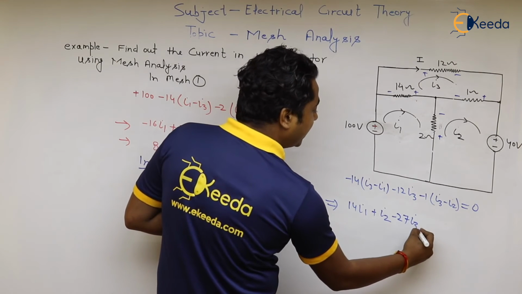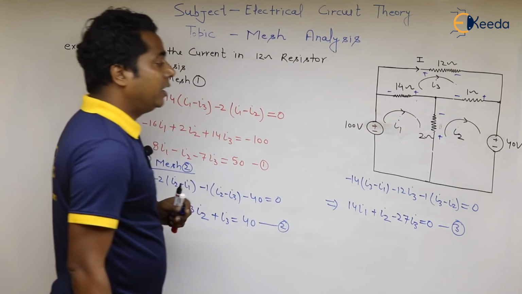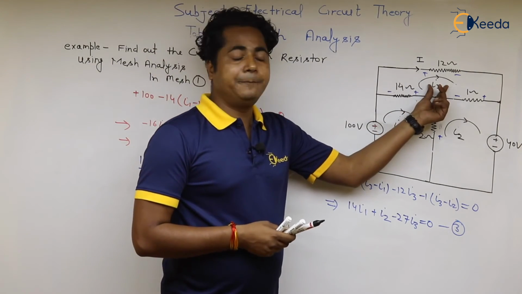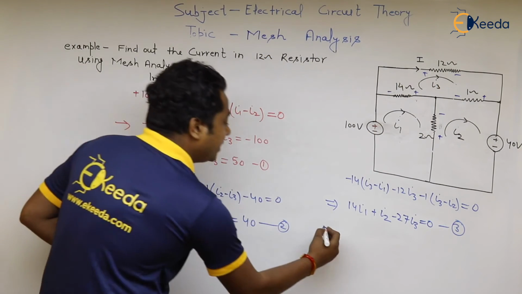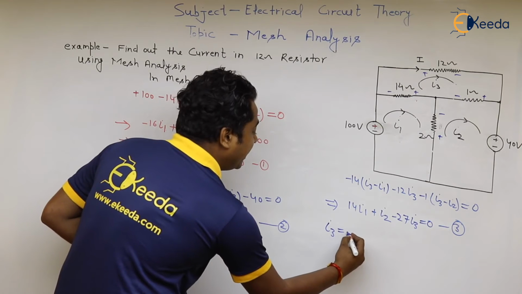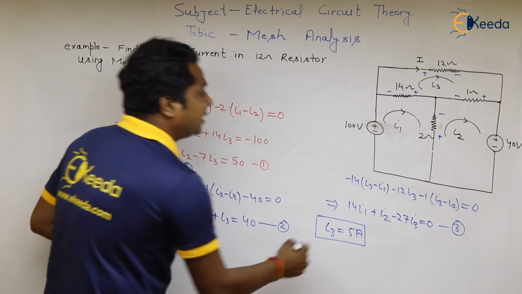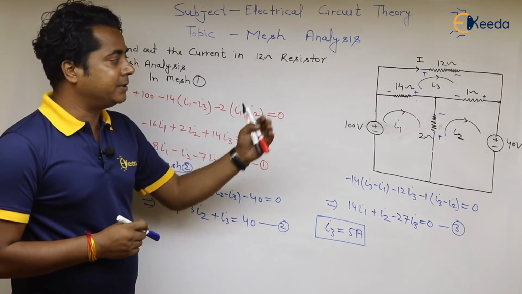Minus 27 I3 will be equal to 0. We have 3 equations, and now we want to calculate the value of I3. While solving I1, I2 and I3, we can easily conclude here the value of I3 will come to be 5 ampere. So this is how we will apply the KVL in all the meshes.